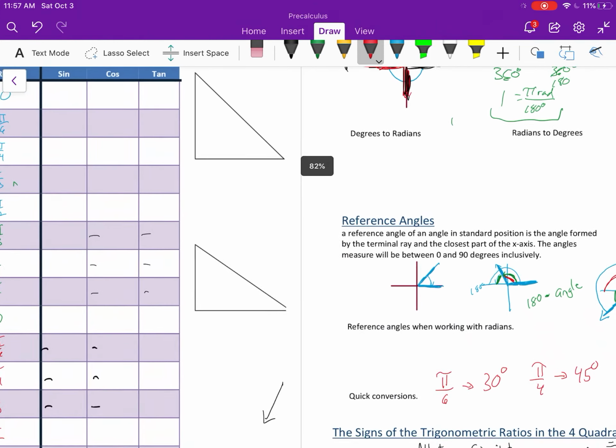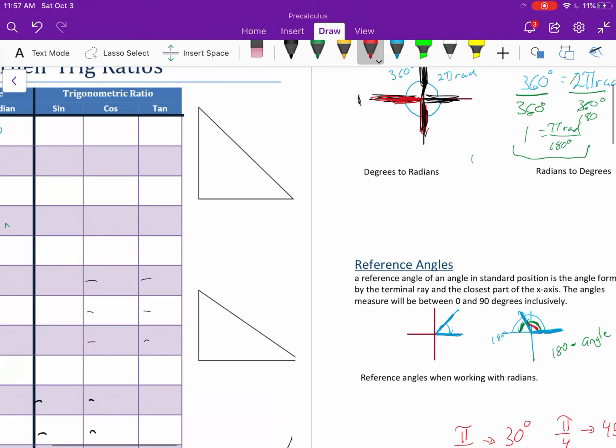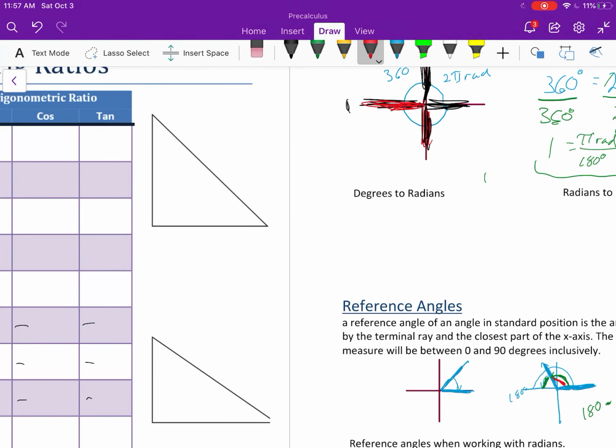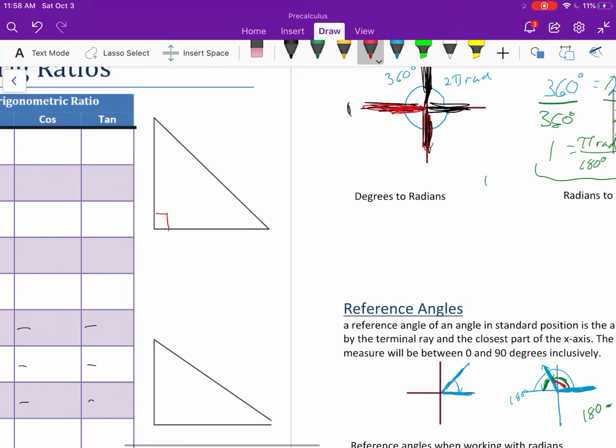We've looked at these triangles before, so we're going to take some special triangles, which we've already discussed, and find sine, cosine, and tangent. This is a 45, 45, 90 degree triangle that's sketched here.